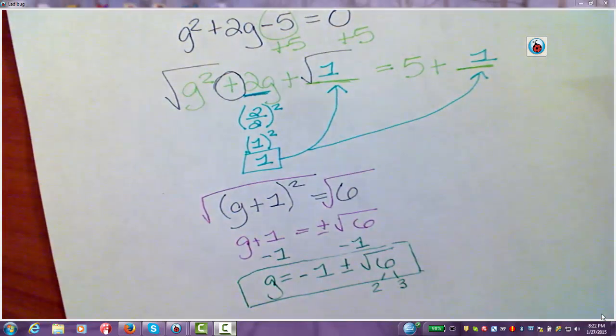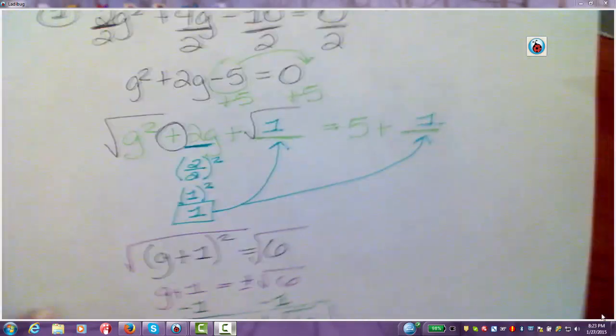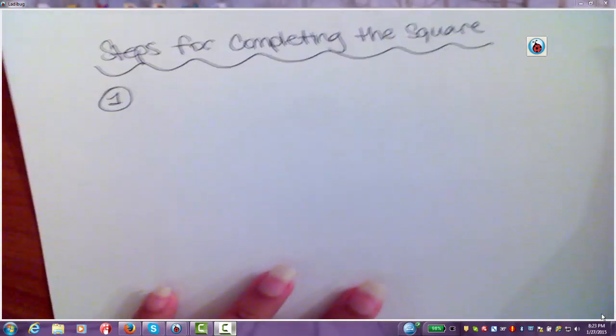So now we are going to put into words what we just did in problem number 1. Steps for completing the square.